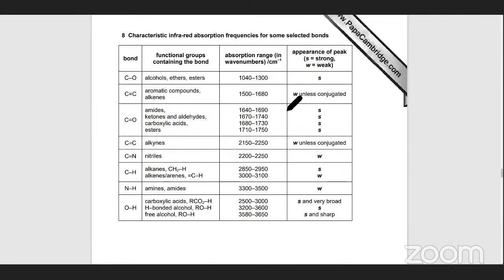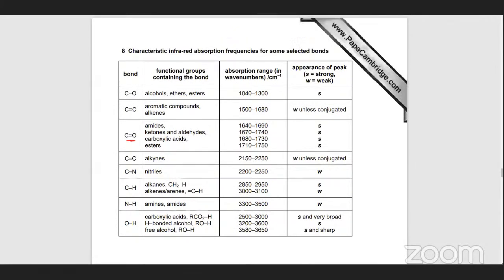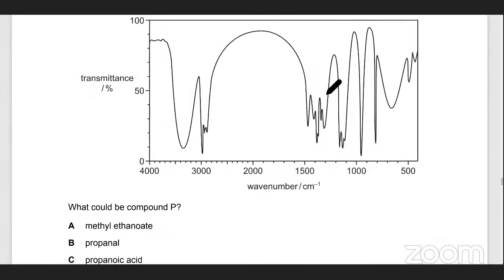Whenever you're looking at infrared spectroscopy, always try and find this bond, C double bond O. That's the one that's the easiest to identify. There's going to be a very strong peak absorption at 1600 to 1700. So if you have a look at your infrared spectrum, there is nothing at 1600. So one indication is there is no C double bond O.